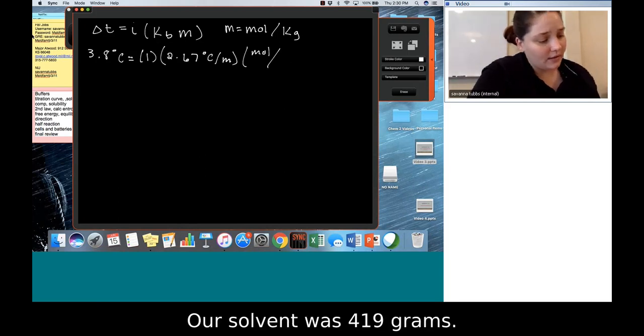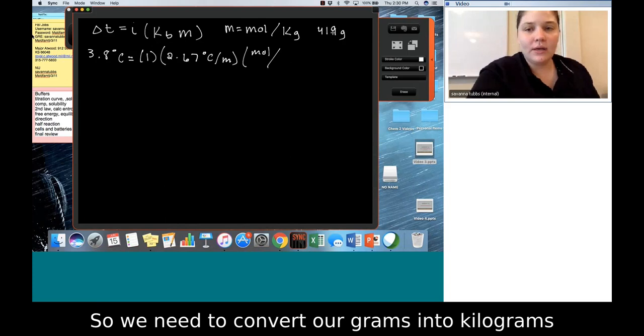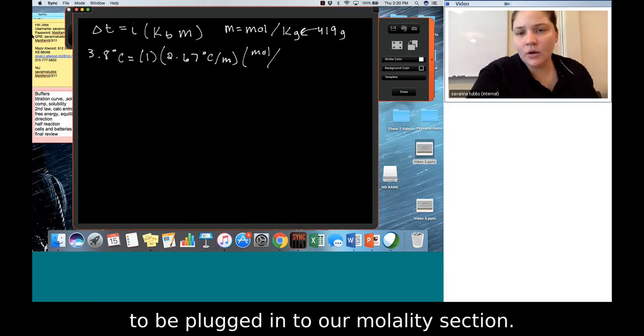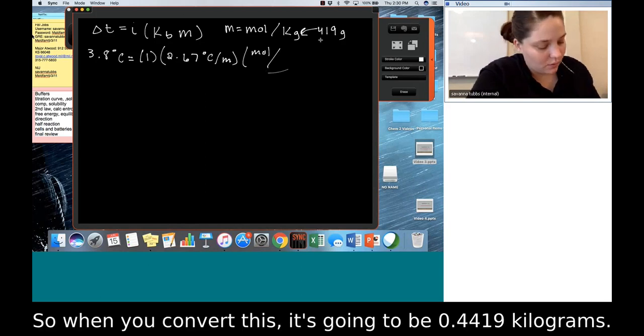Our solvent was 419 grams. So we need to convert our grams into kilograms to be plugged into our molality section. So when you convert this, it's going to be 0.419 kilograms.